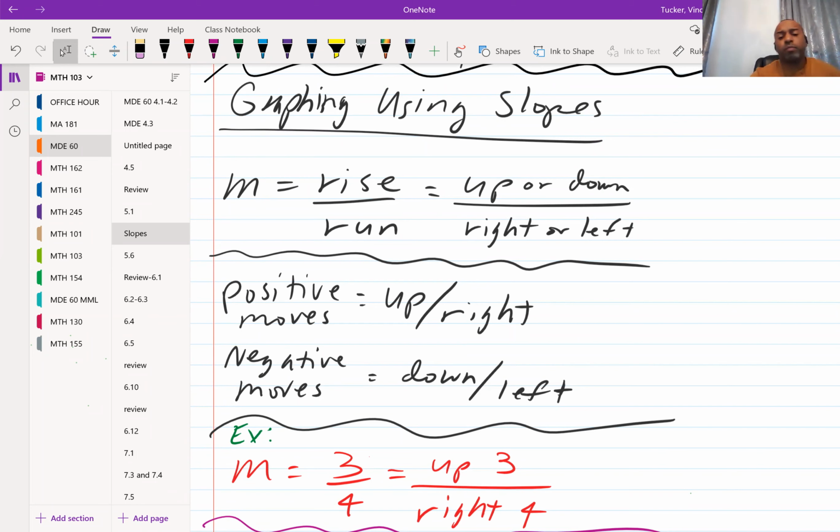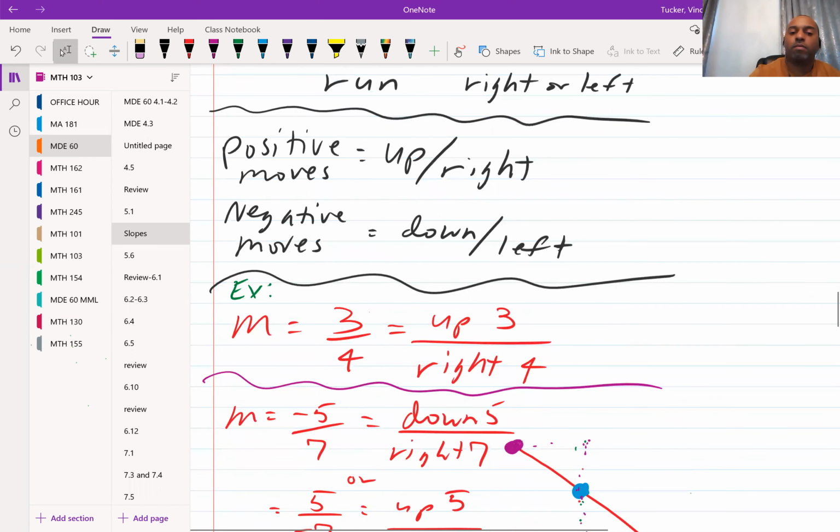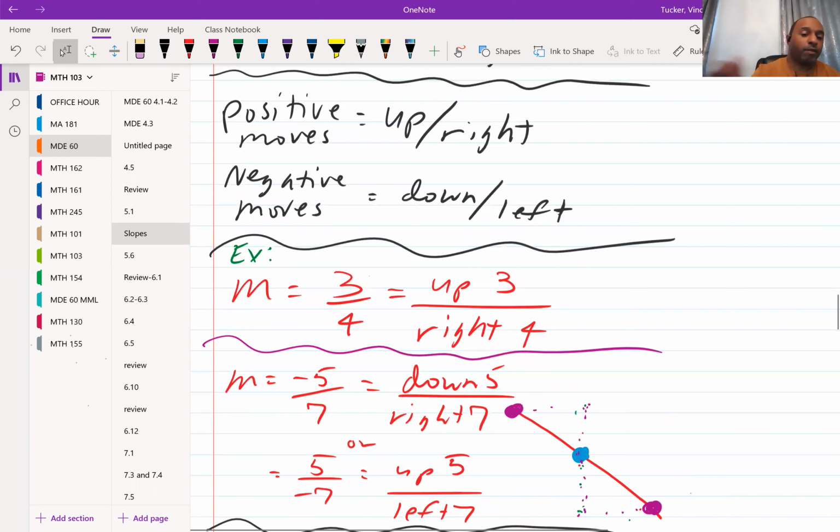All right. So if we have a +3 over a +4, both of those are positive moves. That means we'll go up 3, right 4. Now we have -5/7. That's down 5 because the 5 is negative, but the 7 is positive.